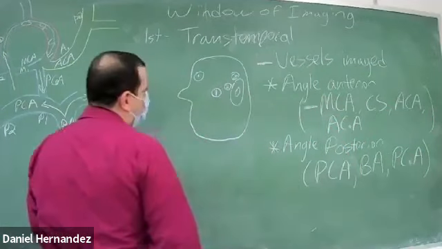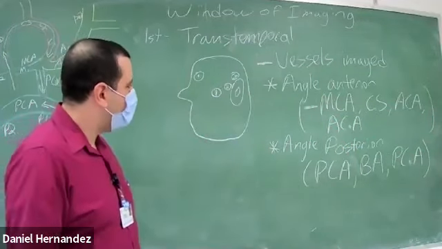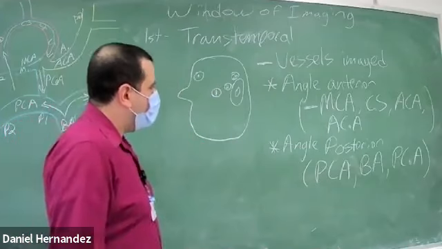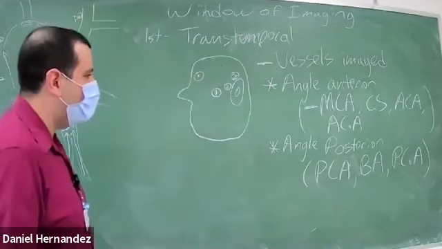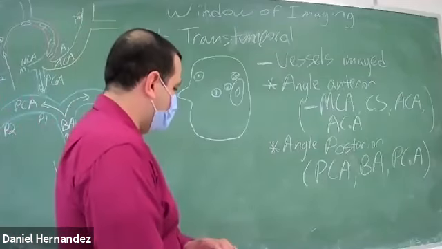So we're angling posterior towards the back of the head. We're going to see the posterior communicating artery, basilar artery, and posterior cerebral artery.